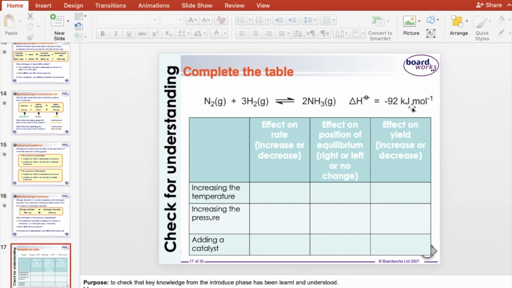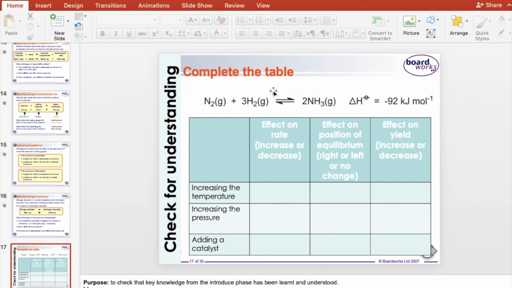Okay, kilojoules per mole. So in this case we have nitrogen gas reacting with 3 hydrogen, so in this case 3 double hydrogens, so 6 hydrogen atoms, or 3 hydrogen molecules of gas, and they form ammonia, 2 molecules of ammonia gas.